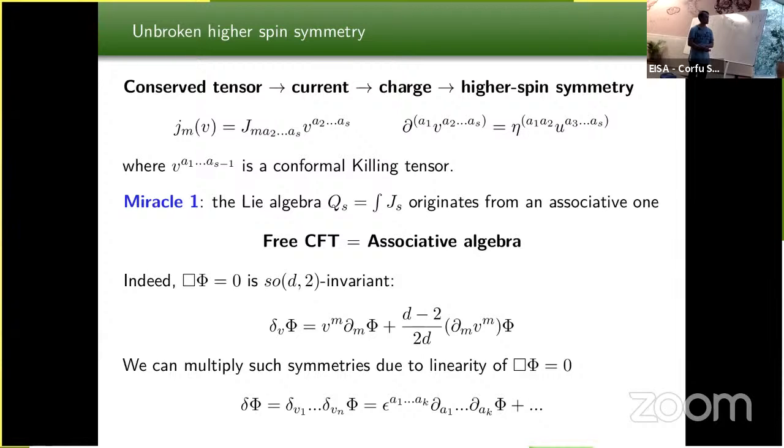And in practice, it means that there is some specific transformation parameterized by a conformal Killing vector so that solutions are mapped to solutions. But since the equation is a linear one, you don't have to take the commutator of your symmetries to get a symmetry. You can just multiply them in an associative way. So this way you generate some high derivative symmetries, which are called higher symmetries or higher spin symmetries. So in particular, something like this hypertranslation is a part of this algebra. So obviously you get something infinite dimensional, associative, but still containing your conformal algebra as a Lie subalgebra.